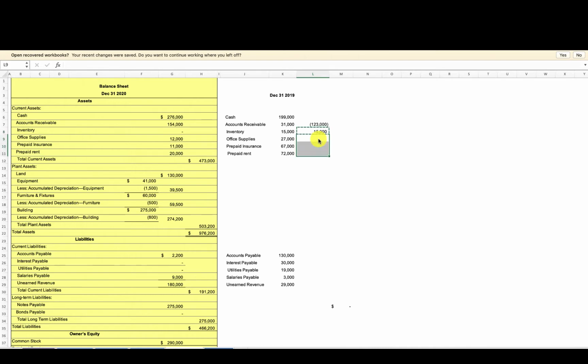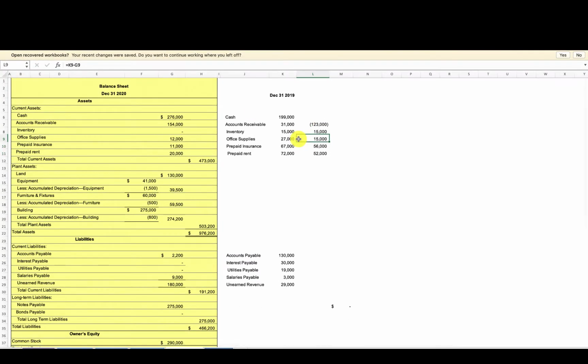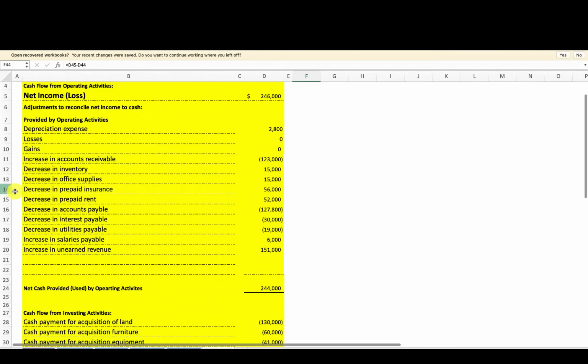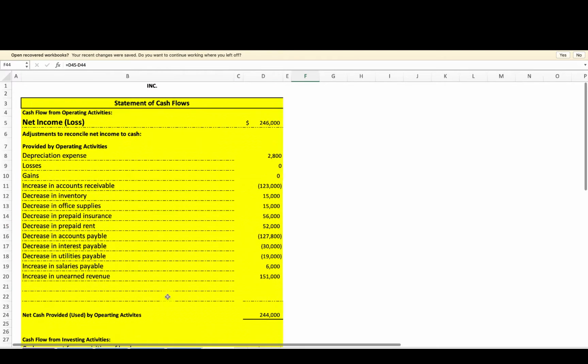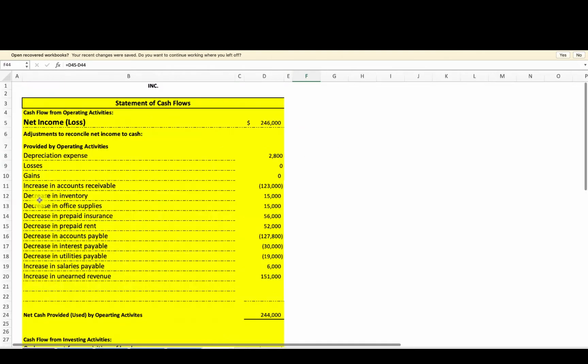The others are very similar. So here, I have a decrease in office supplies from 27 to 12. So that's going to be a positive 15,000 for office supplies on my cash flow statement. And you'll see that here, right? A decrease in office supplies leads to a positive $15,000.